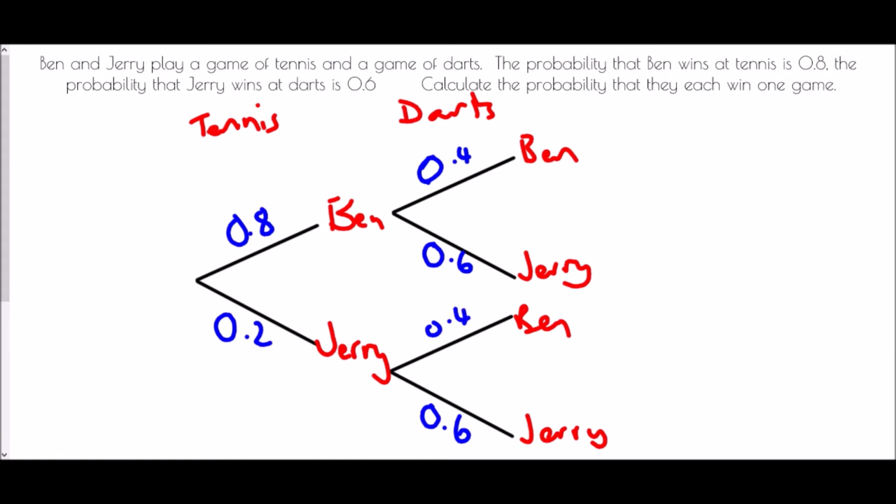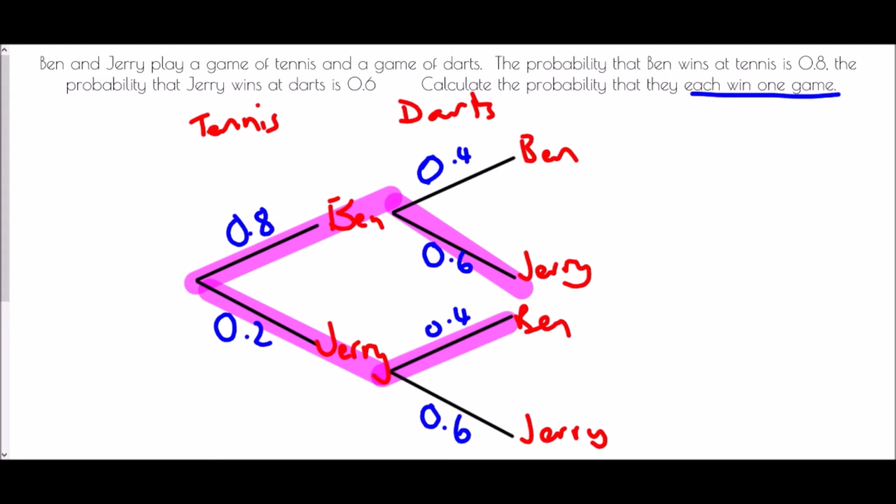Now, if I wanted to find out the probability that each win one game, well, where on the diagram would that lie? Well, that would be Ben winning at tennis, but Jerry winning at darts, or Jerry winning at tennis and Ben winning at darts. And so, what are those probabilities?